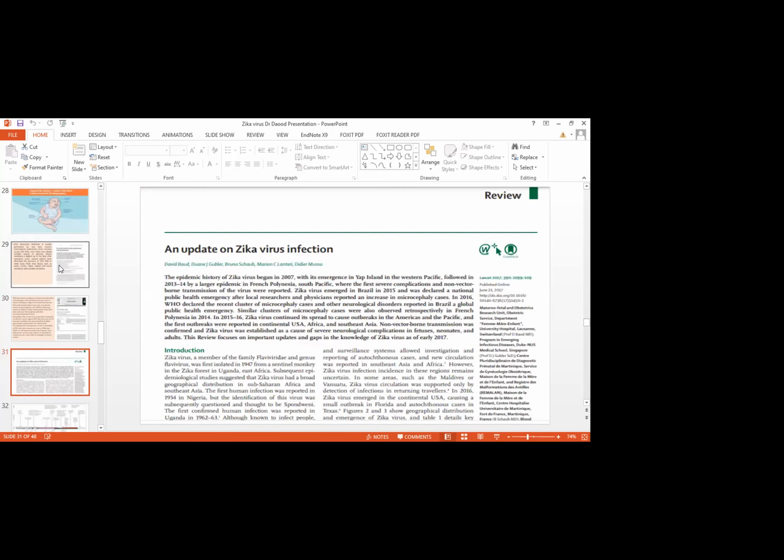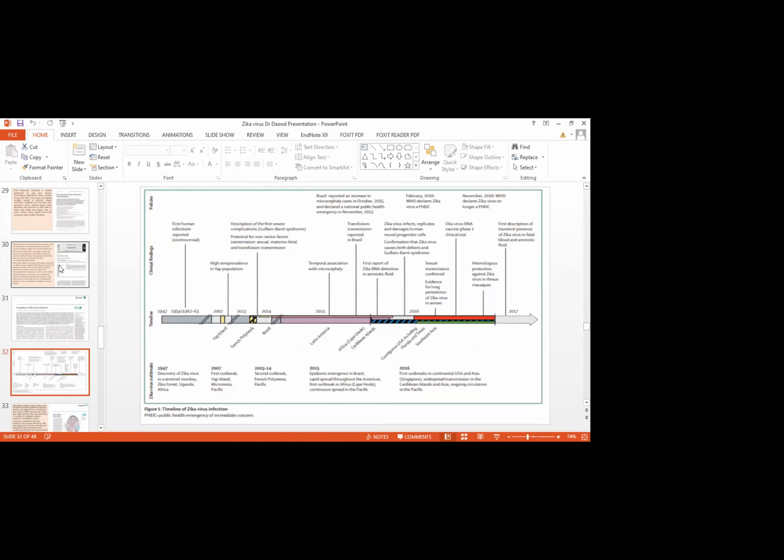This is the latest update about Zika virus infection, how it has evolved over the period of time from 2007 to 2017. And this arrow shows the history from 1947 to 2017. You can see the red area here, when the outbreak in Brazil occurred in 2016.